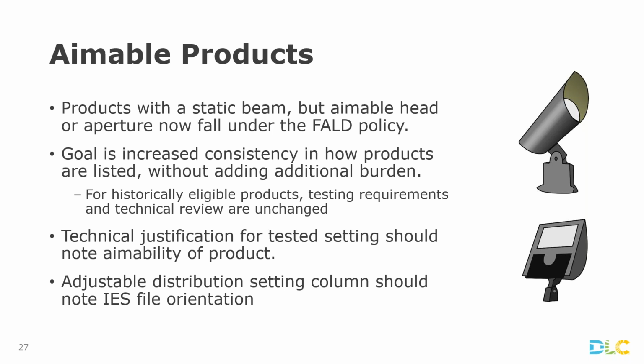Certain primary uses like flood and spot categories, it's normal for that to be a product feature. And then in certain other primary use designations, most notably the area lighting applications, it's not uncommon, but was historically paired with a position restriction on how that product was qualified in the notes field on the DLC QPL.